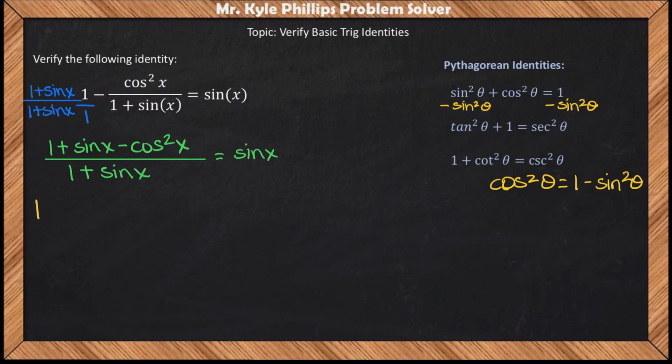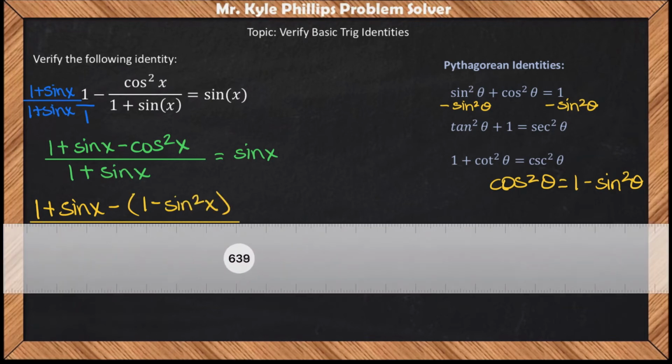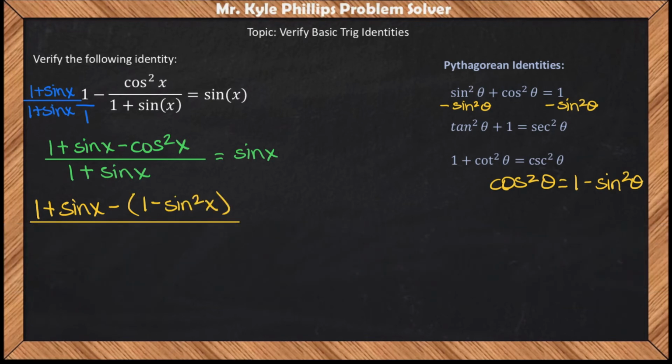So we have 1 plus sine x minus, and then we're going to put this binomial in parentheses, 1 minus sine squared x, and this is all going to be over 1 plus sine x, and this will equal sine of x.